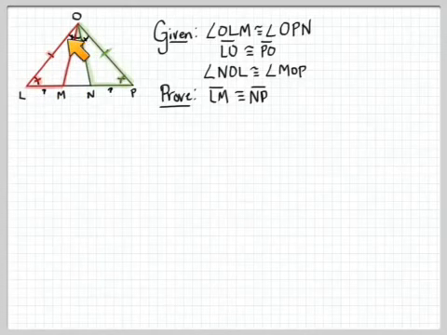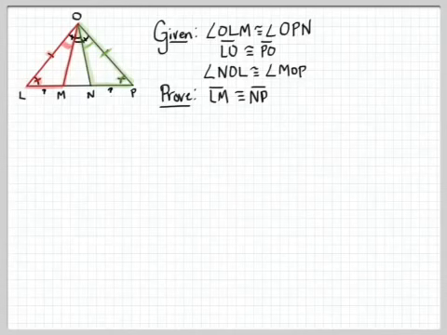I need to make them smaller, but because they overlap, the two congruent angles overlap with this matching part, I can subtract that part in the middle away from each of those two angles, and then what's left is two angles inside that are two angles of the triangle. So that's the strategy. We're going to remove MON from each of these two angles, and what's left over are the pair of angles I need.